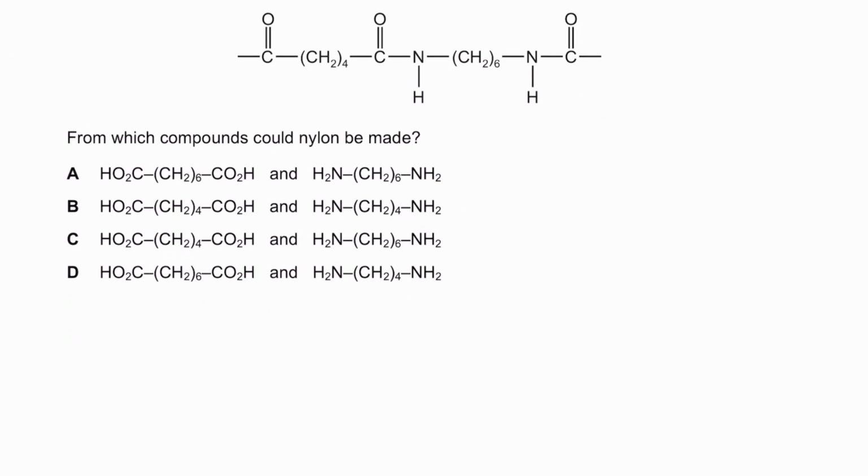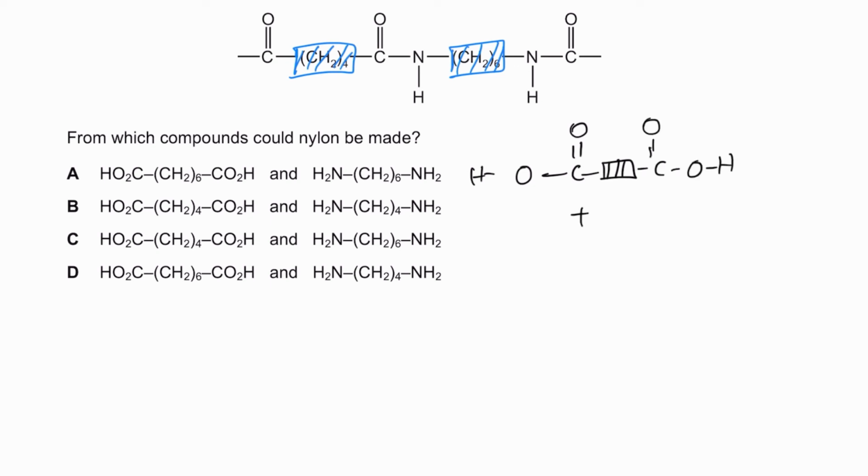Last question. The diagram shows the formula of nylon. Which could it be made from? So consider that this is actually a block of hydrocarbons. So basically nylon was made from a dioic acid plus a diamine, by losing this hydrogen and the acid losing this hydroxide group to give an additional water.